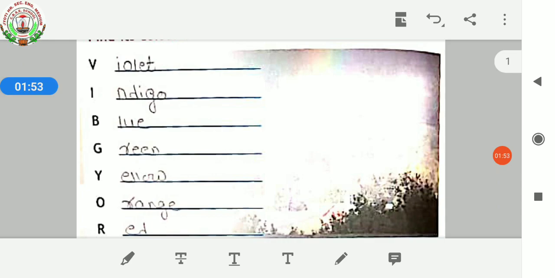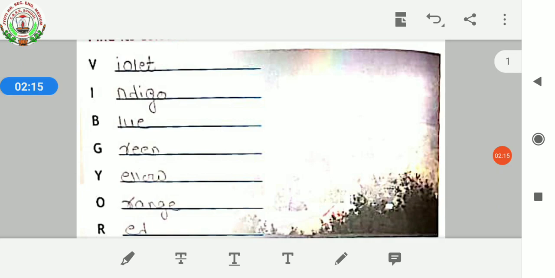Okay, so violet. I for indigo. I is already here, so you have to write NDIGO. Indigo. B for blue. So B is already here, so you have to write LUE. Blue. G for green. So G is already here.